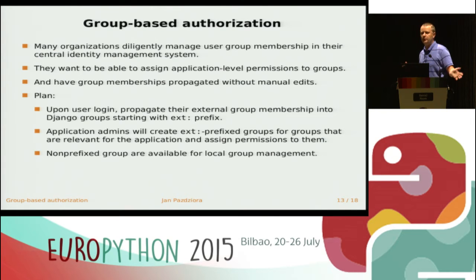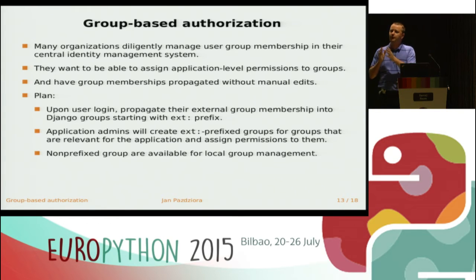So here's the proposal. Since we don't want to tweak the Django schema too much, we could have added a special model, a special database table to hold the mapping. But let's start small.